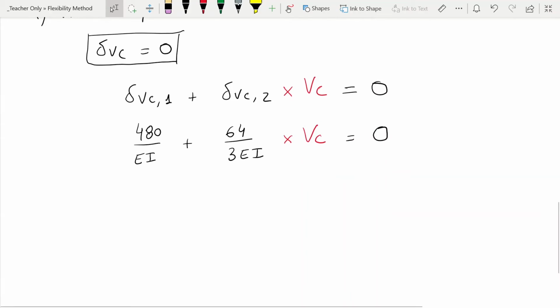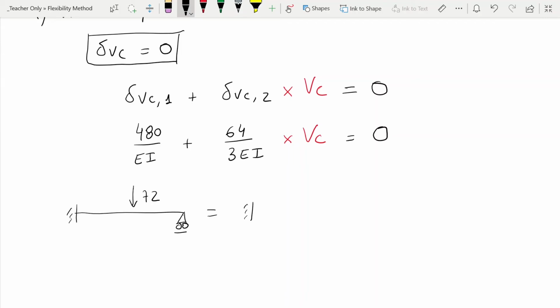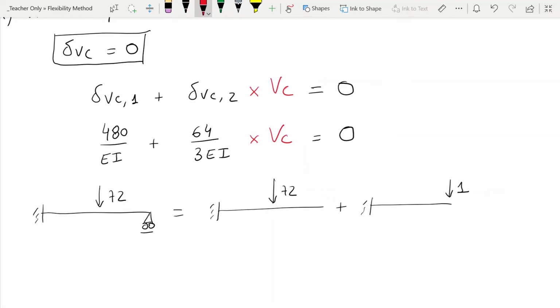What we're basically saying here is that our original structure that looks like this is nothing more than the one without the support and the load of 72 plus another structure with a load of 1 at the tip, but at the end we need to multiply by Vc, so then we can calculate the value of Vc in this case.